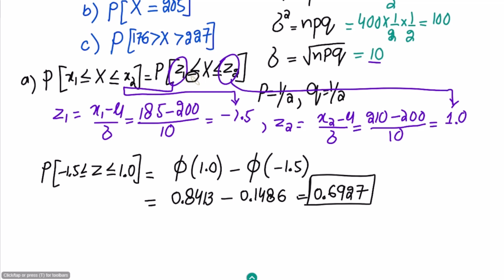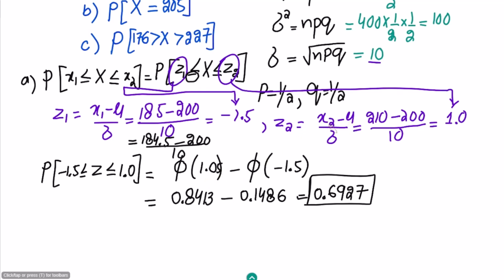So if I want to make it greater than this, it should be 184.5 minus 200, because only in this case, keeping 0.5 will give me the average value of it, and divide it over 10. Okay, so doing all of these things, we will get here 1.05.